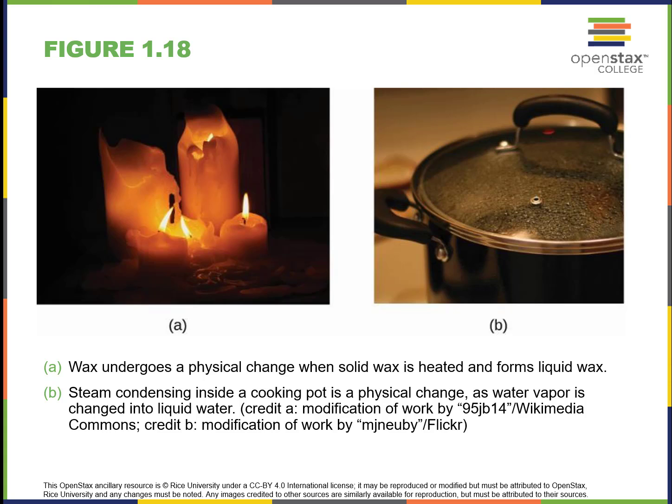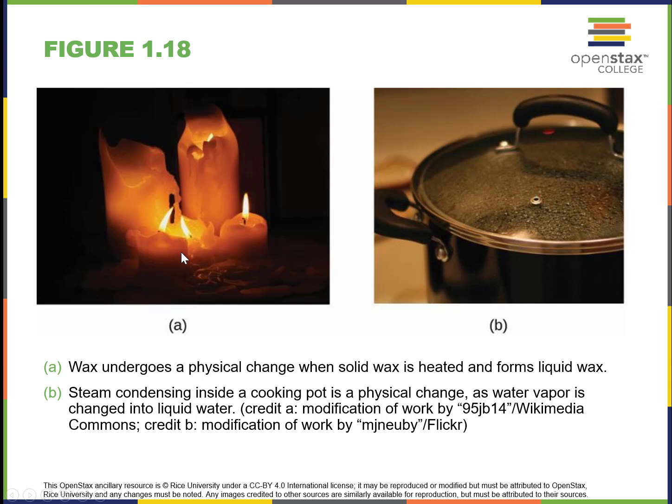Okay, so here we're looking at two changes that you might think of as being similar to the situation where we were putting electricity into water and making these two different gases. So we see melting wax, so we have a fire going on and then the wax is melting.